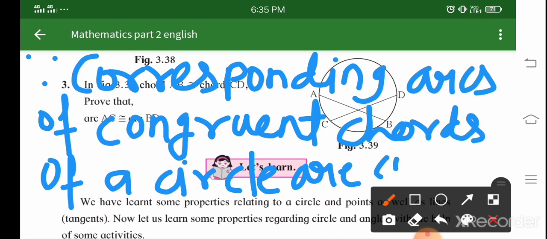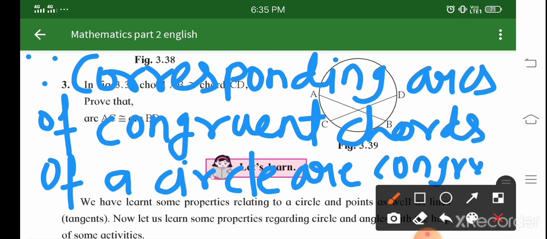This is the theorem I have written over here.